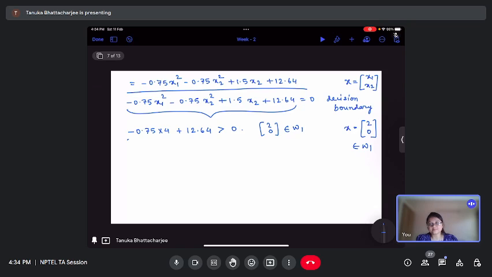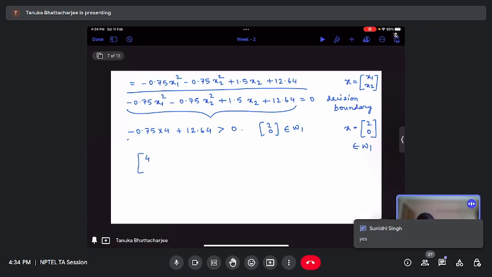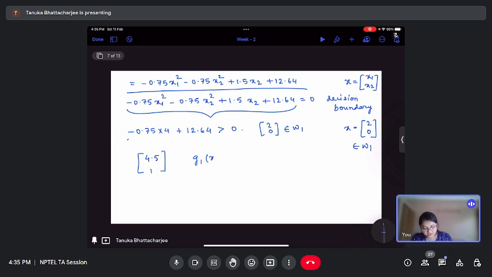If anyone can help with the calculation and let us know whether it is positive or negative. Yeah, Sunidhi is saying this is negative. Yeah, it's supposed to be somewhere near minus 1.8, I guess. So it is coming as negative, so for this sample you are getting g1x minus g2x less than 0.